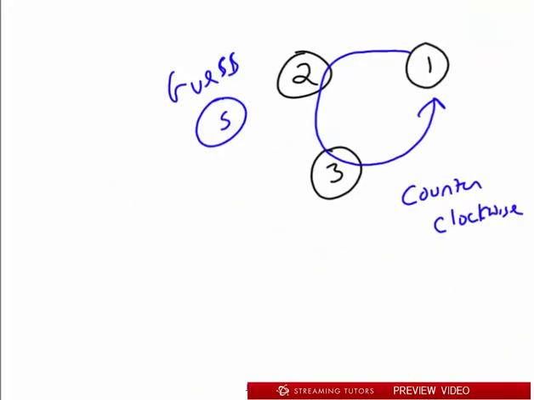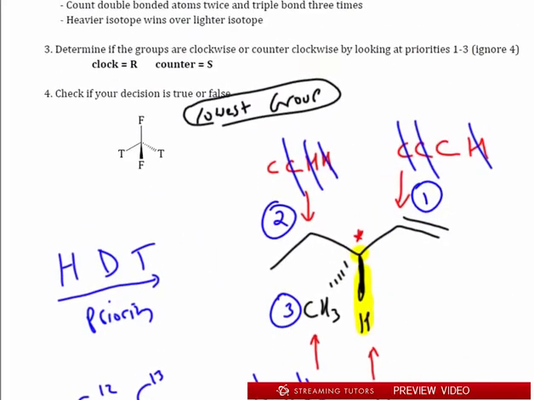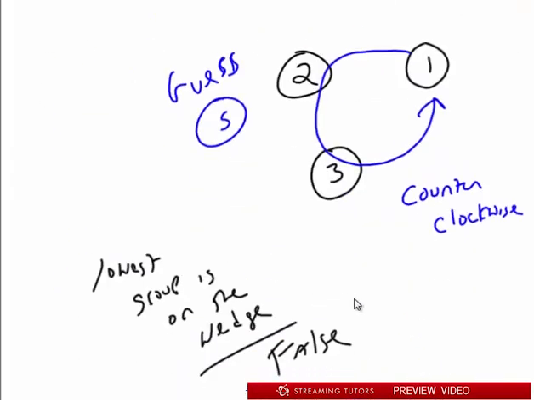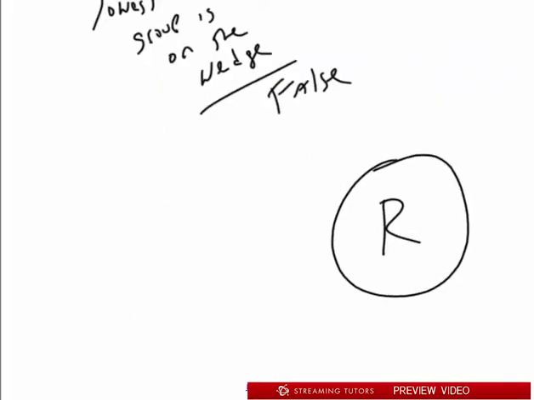So the lowest group is on the wedge, which means what? That means false, right? Based on my diagram, false is the position of my lowest group. So our guess is wrong. This is not the S configuration. It's the opposite. It's the R. So the answer is that this is the R configuration.